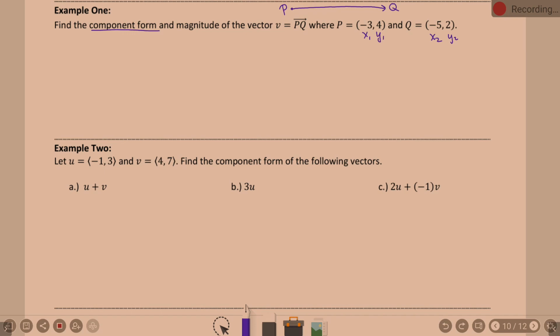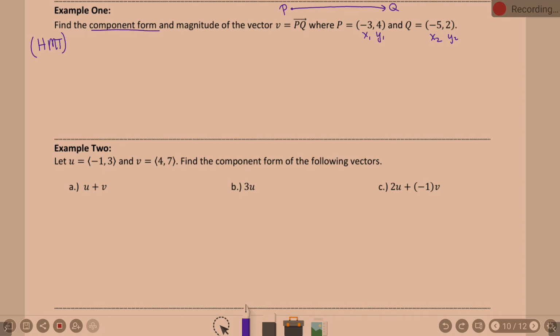Well, it is specific when you find component form that in order to find your V1, you're going to do x2 minus x1. Okay, so yes, I'm being nitpicky, but we have to switch it around. We can also think heads minus tails. Okay, so the HMT that I wrote up there, my brain tends to go to just heads minus tails, the head of the vector being where the arrow is. And so that's going to be our Q there.